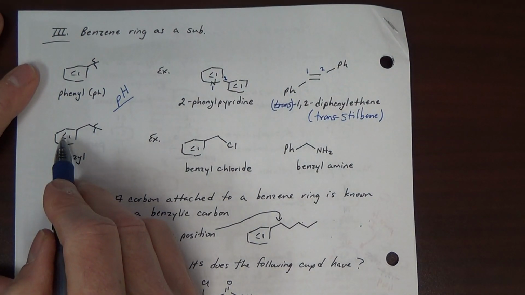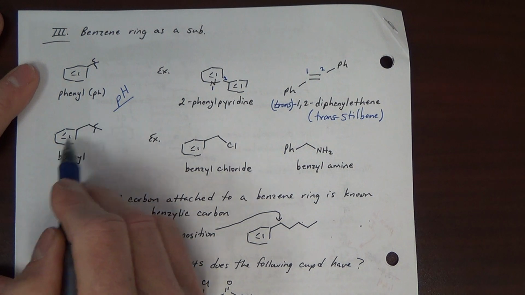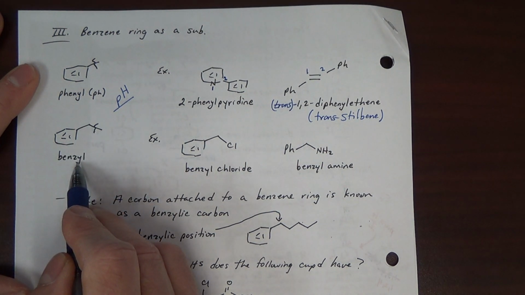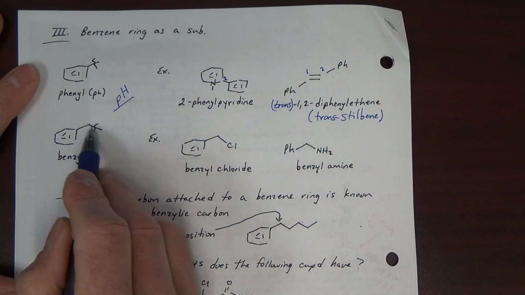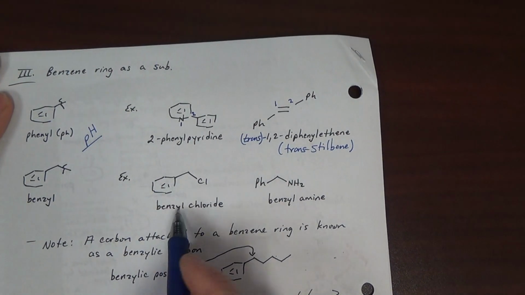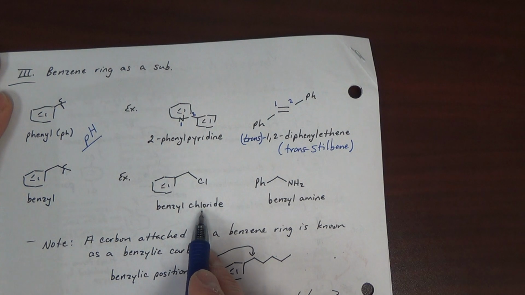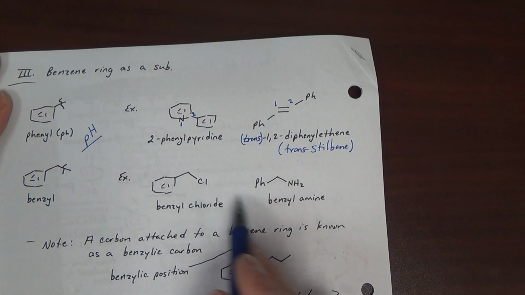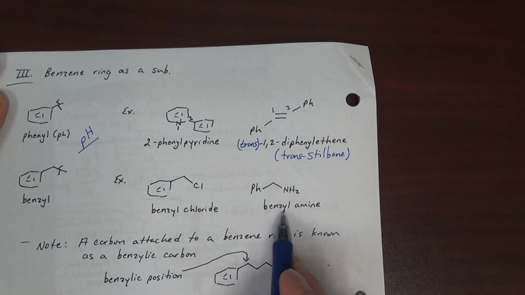Now when you have the benzene ring and a CH2, that's a benzyl group. Then something coming off. For example, this compound is called benzyl chloride. This compound is called benzylamine.